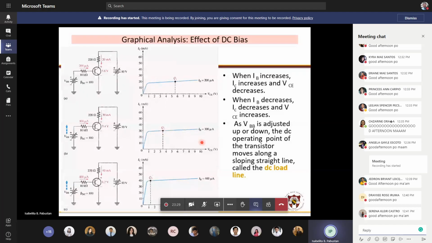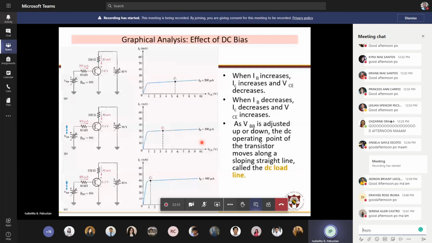So, increase some more, increase the IB some more, you now have 400 microamperes. And then your IC now becomes 40 milliamperes. Do you still remember what I told you last time, about the IC and IE that you compute?